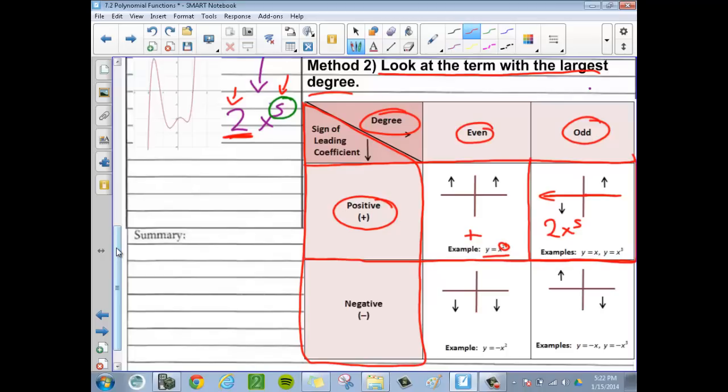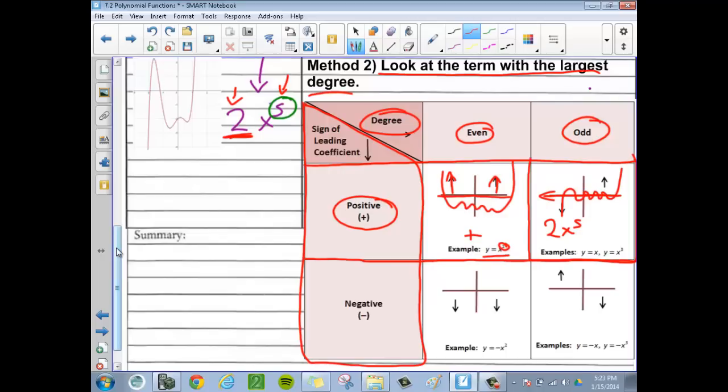So what would happen to this one is, as it goes to negative infinity, it increases, and as it goes to positive infinity, it also increases. There might be something weird going on in the middle, maybe it looks like this or something like that, but it always ends up like that.